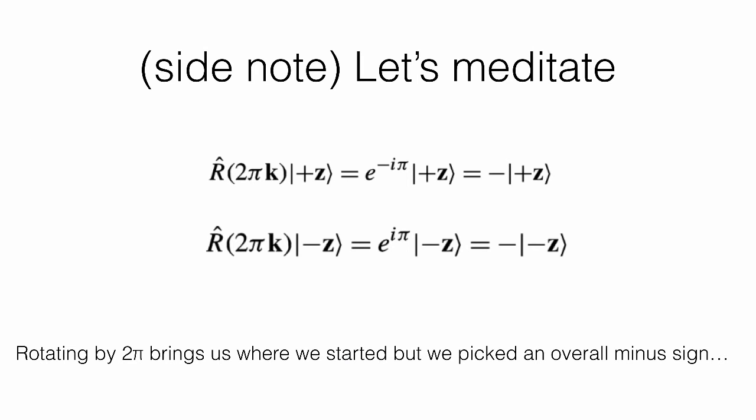So one thing that is true, if we remember that the rotation operator can be written as a complex exponential, it turns out that when we rotate by 2 pi along the z-axis, for example the plus z state, instead of finding the plus z state at the end, we actually find a phase factor corresponding to pi. In other words, the complex exponential corresponds to a minus sign.